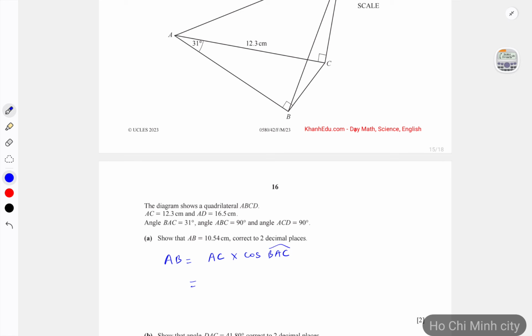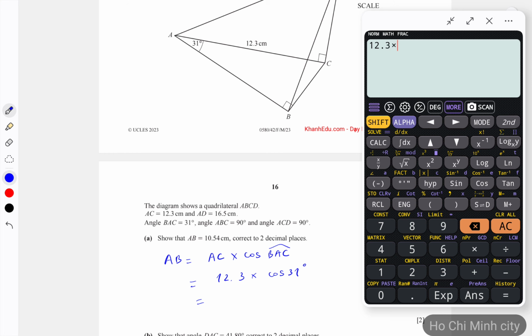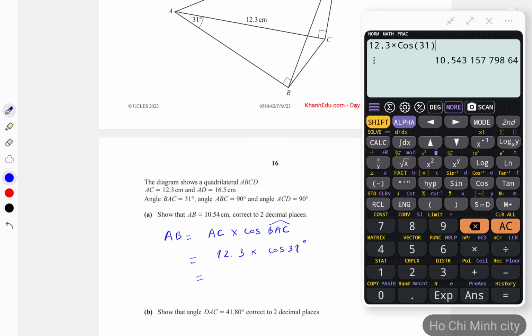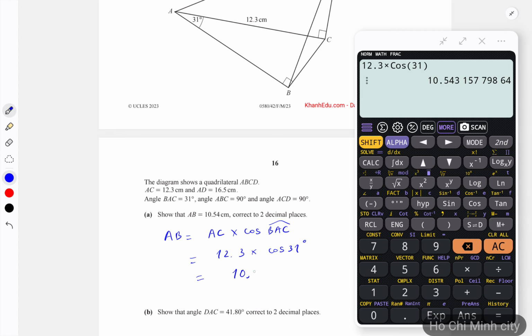So AC is 12.3 times the cosine of 31 degrees. Then we have the answer 10.54. Correct to two decimal places. This is going to be 10.54.